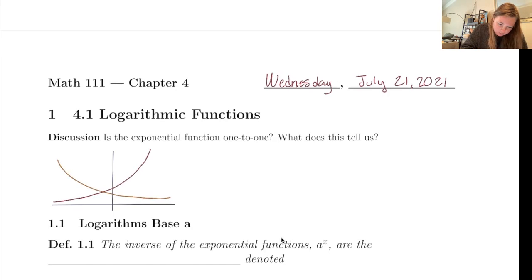But if we just talk about our generic exponential, it looks like this. And we see that it does pass the horizontal line test. So yes.